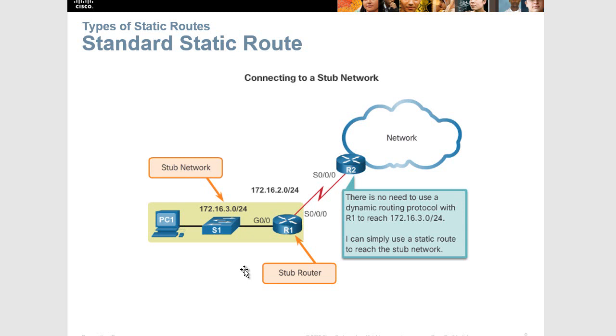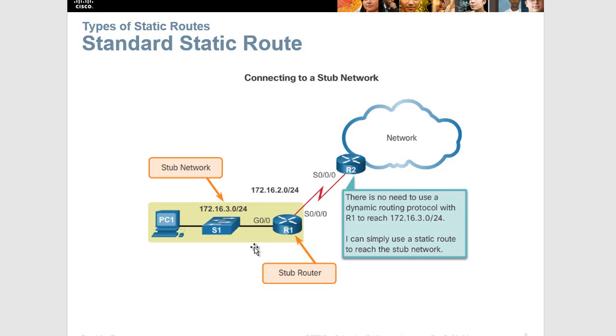So this is the same setup we saw a few slides back. For a standard static route, that would be the route that R2 is using to connect to R1. Again, a stub network is a network that has a router with no neighbors. It's kind of a self-contained network, with one path off of it and one path to it.